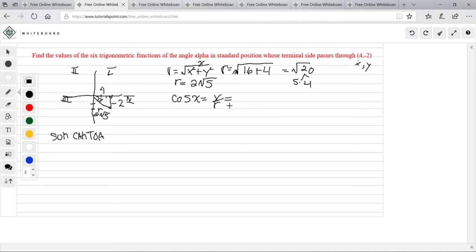Our x value is 4 and our radius is 2 root 5. Let's rationalize the denominator by multiplying top and bottom by square root of 5.